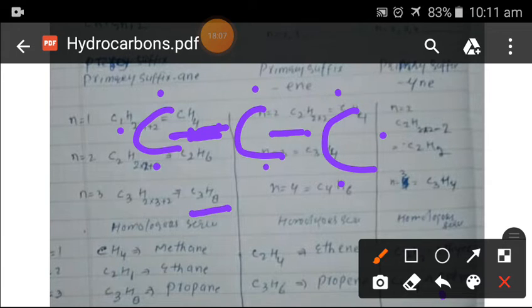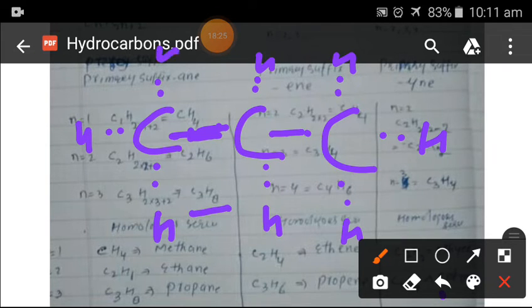These 3 carbon atoms by mutual sharing result in the formation of 3 covalent bonds, and the rest of the valencies are fulfilled by hydrogen atoms. So here the hydrogen atoms come and form bonds with these carbon atoms. So in hydrocarbons you will see the compound or molecule is made up of only carbon and hydrogen atoms.